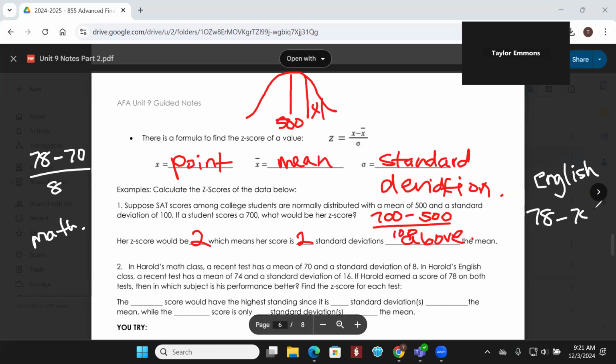The mean is 74 and the standard deviation is 16. So tell me, what were his z-scores for these? One? Yep. 0.25? Okay.